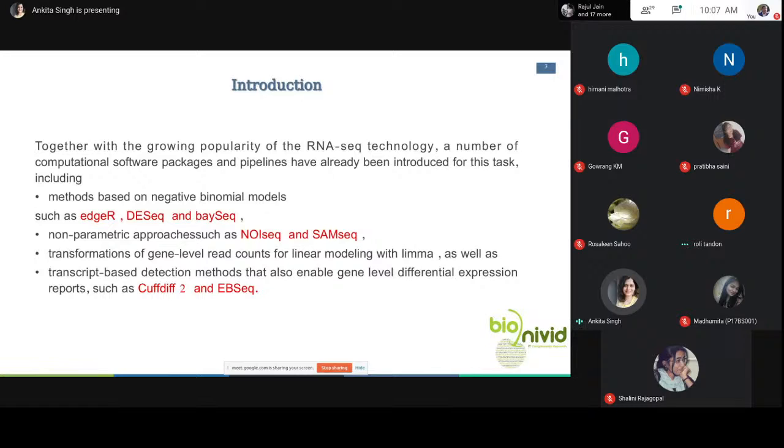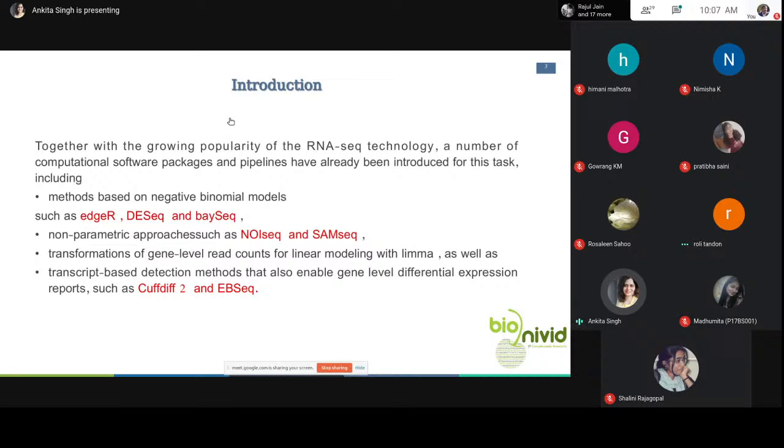It entirely depends on your experiment. It entirely depends upon what question you are asking, what is your biological question which you want to answer using RNA-seq technology, and what it is that you are comparing right now, whether you are comparing two cells and whether you have replicates in your samples.